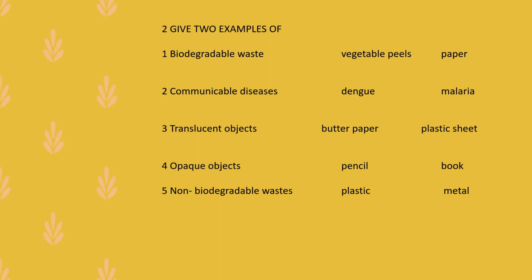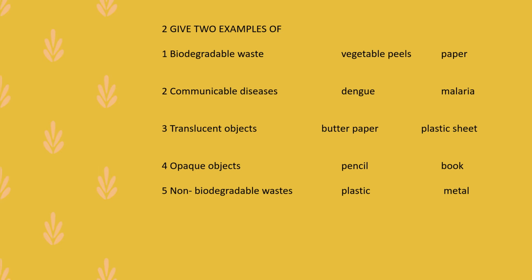Third is translucent objects. Children, translucent objects are the objects through which light can pass partially. The objects which allow light to pass partially are called translucent objects.